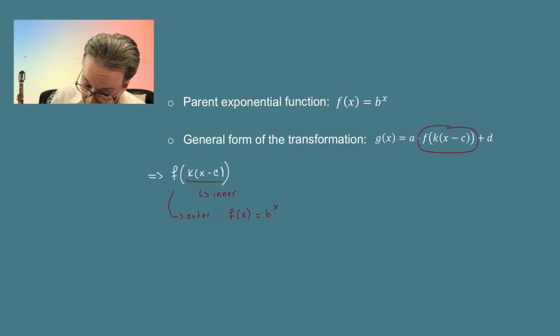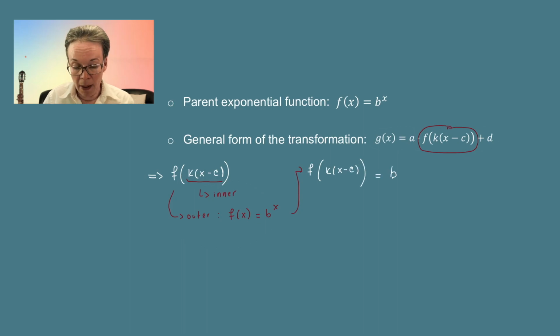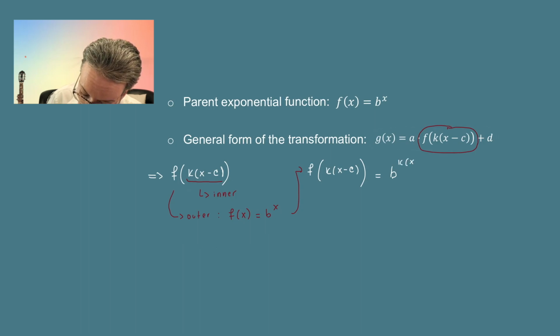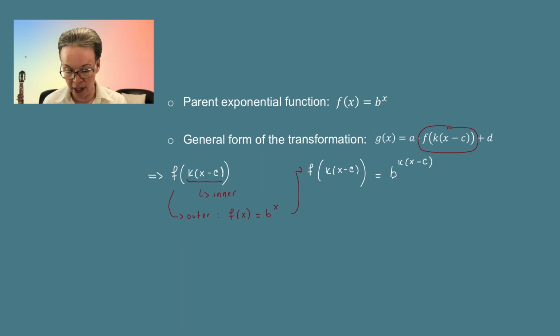So what we are going to have is the following. Moving on here, f of k, x minus c, will be equal to b, but now instead of just having x, you are going to nicely have the expression k, x minus c. And that's what we have here. Now that we have this expression, in front of it, we have to place the coefficient a, and then at the very end, we place the term d, so plus d.